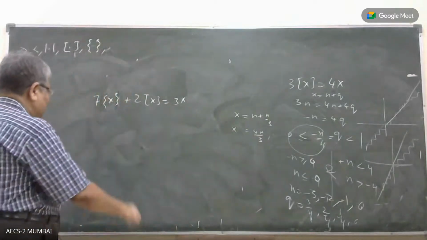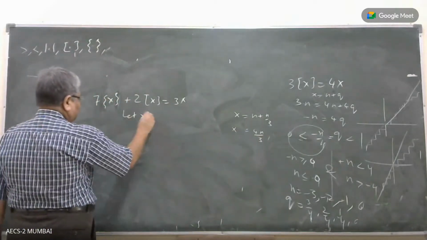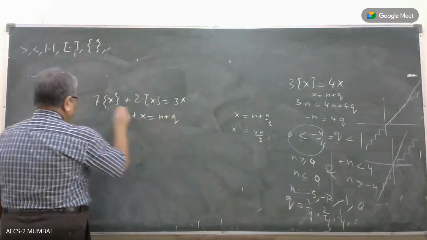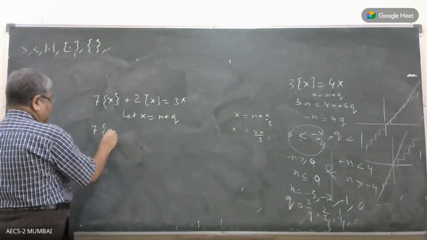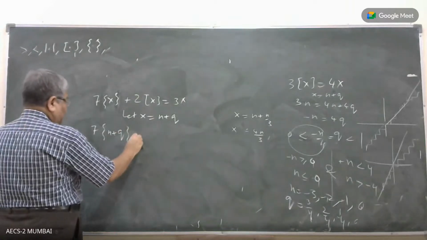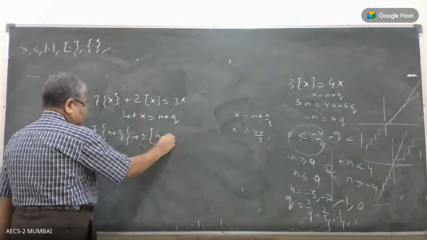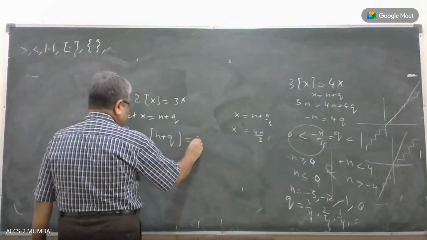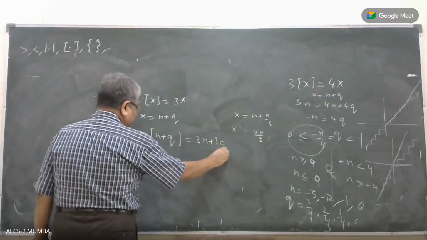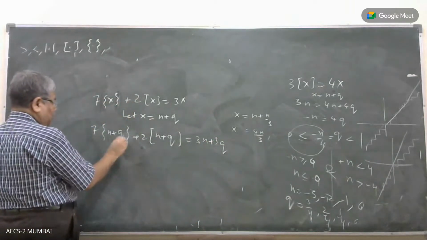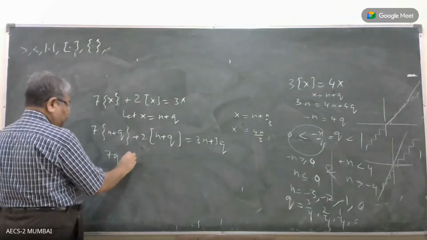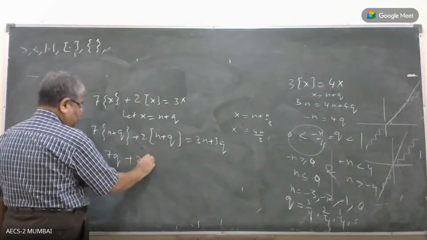So we'll say x is equal to n plus q. So this will be 7 times n plus q plus 2 times n plus q. This is 3n plus 3q. Correct? The fractional part will use q, and the integer part is also 2n.